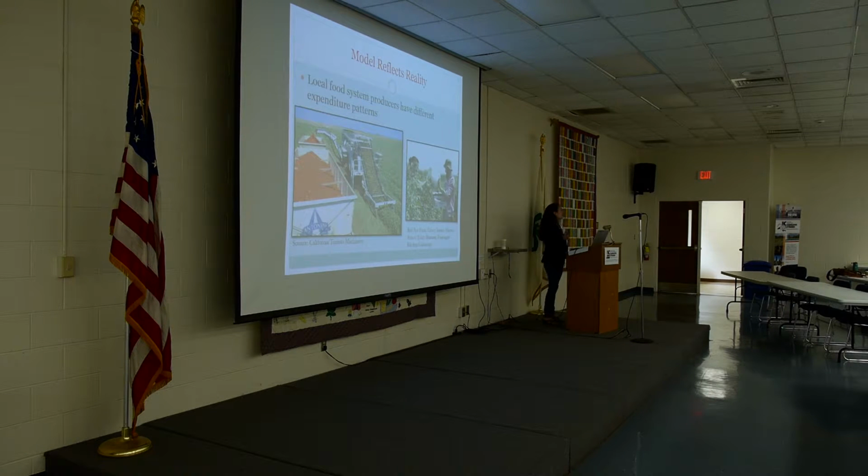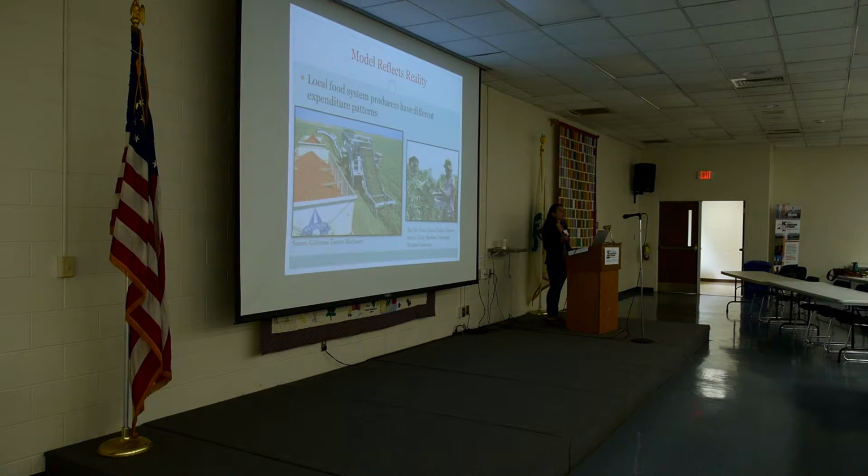So let's just talk about this intuitively for a second. So here are two tomato farms, or two farms that are growing tomatoes. This has nothing to do with a value judgment. These are just two different kinds of operations, right? We see on the left here a larger scale commodity-oriented operation, right? This tomato farm is producing a lot of tomatoes.